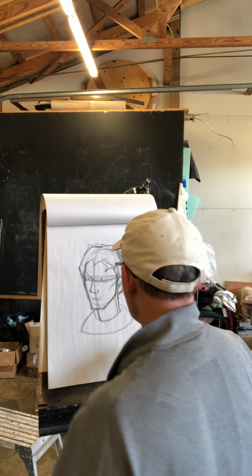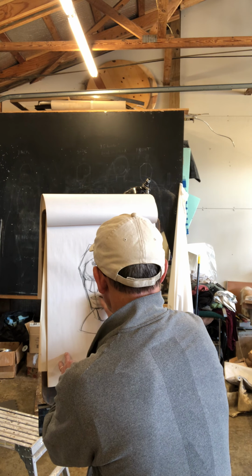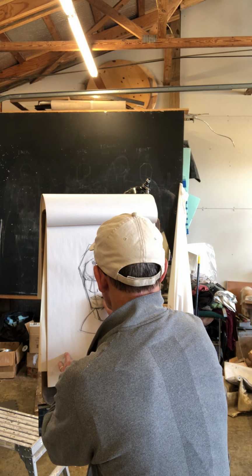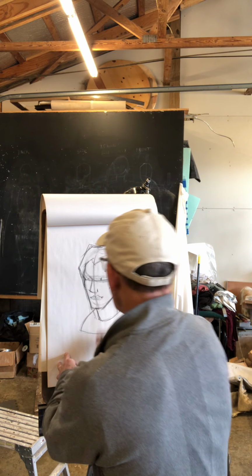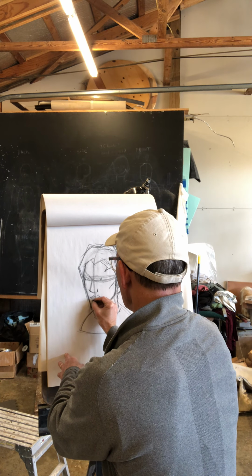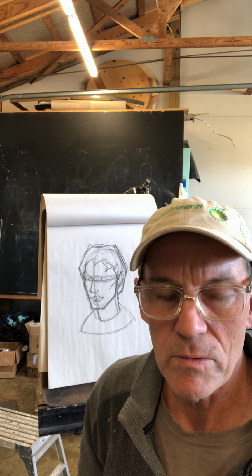Same thing for the mouth: where are the limits of the mouth, side to side, up and down. So I might draw a little bit of the top lip just to tell myself where exactly is the high point of the lips, and then where's the low part, so like the lower lip, where's that going to be?